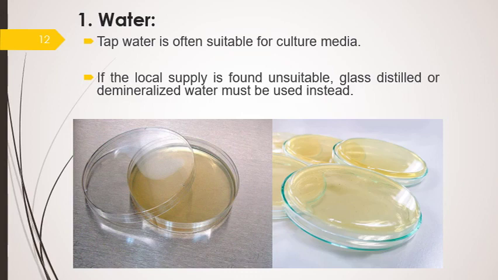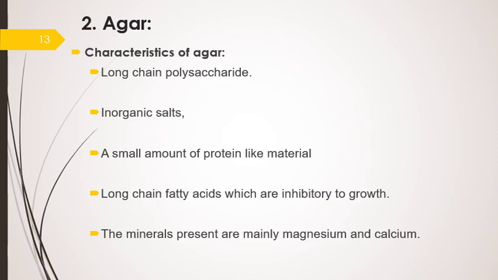Otherwise we use distilled, demineralized, or deionized water for the preparation of culture media. So the next ingredient for culture media is agar. Basically we obtain it from seaweeds, for the preparation of solid media.